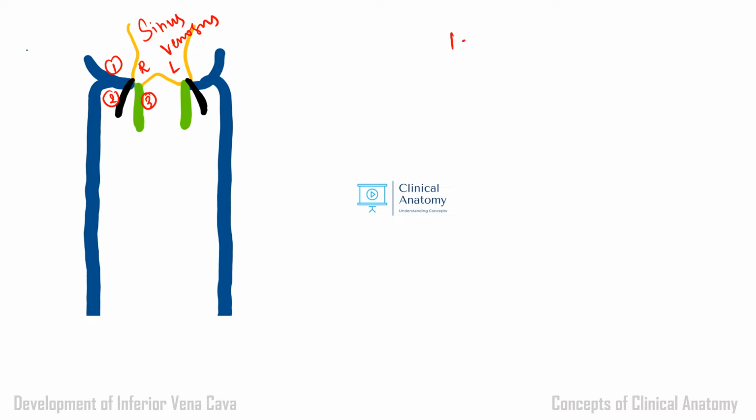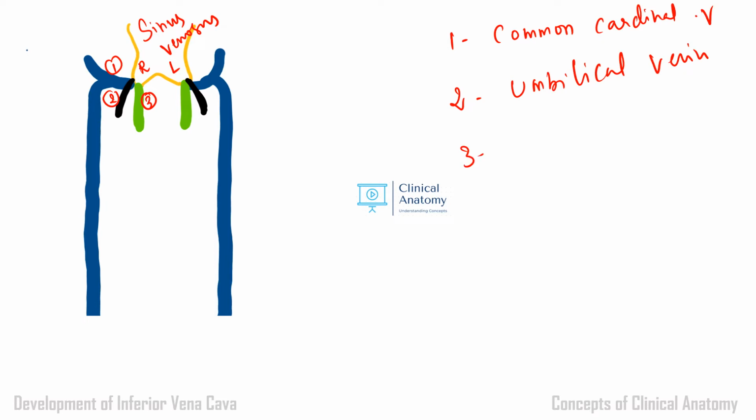The first vein is the common cardinal vein. The second one is the umbilical vein. Third one is the vitelline vein. So these are the three veins which are draining.